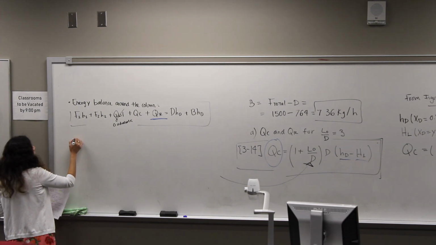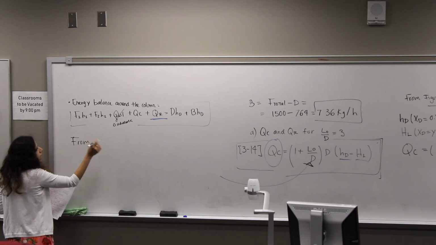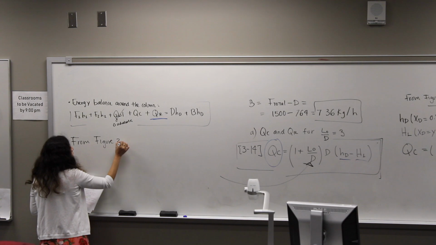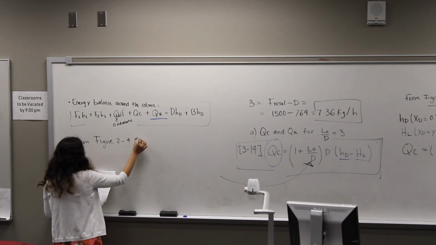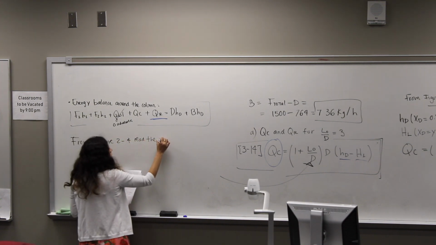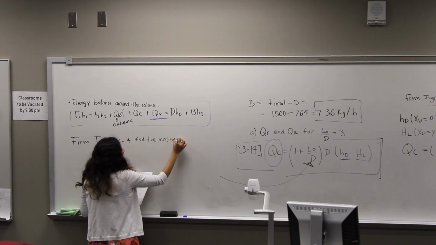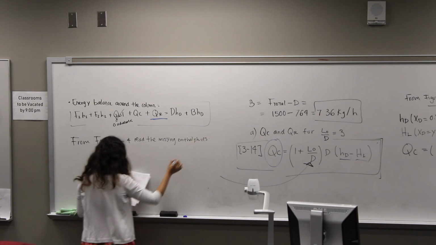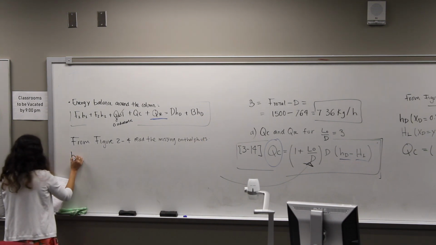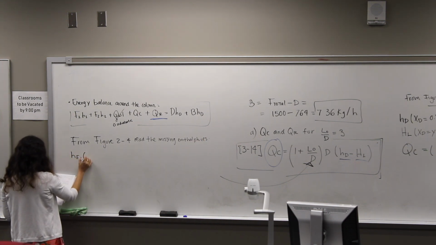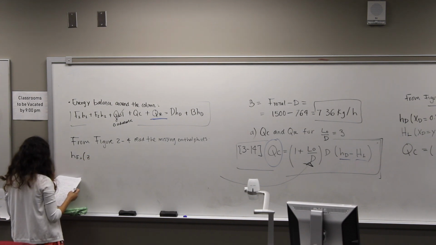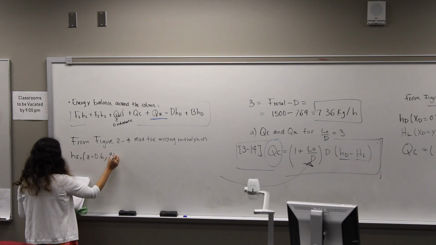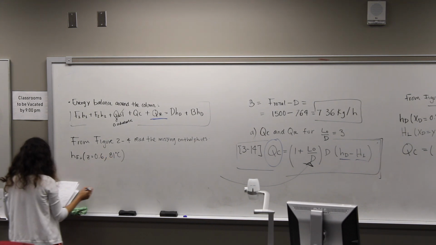So let's go back to Poncho's summary for the missing enthalpies. From figure 2.4, read the missing enthalpies. We know that feed 1 has a fraction of 0.6, and we are feeding at 81 Celsius.